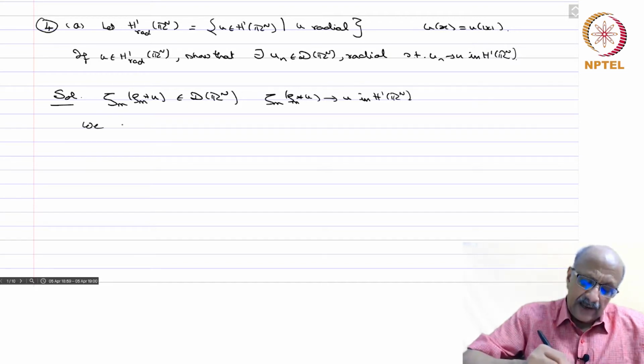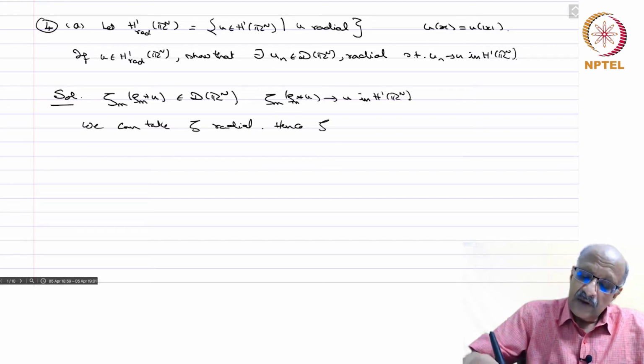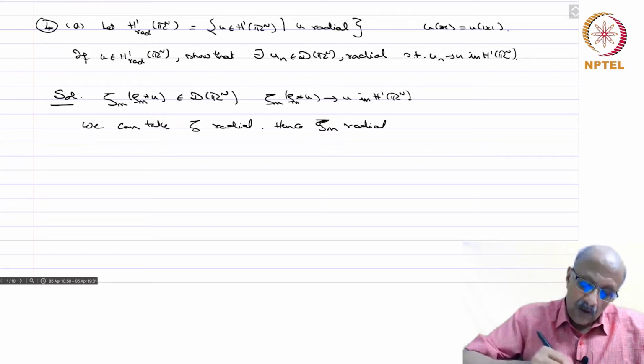So we can take zeta radial, hence zeta_m is radial. Also rho_m is radial.